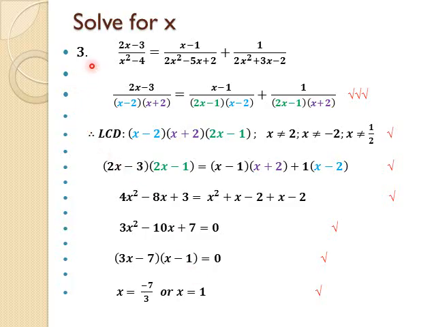Right, now in the third problem, this is a more complex variation of what we've done. Again, we have three fractions, but we have to factorize first. So 2x minus 3, x squared minus 4. Difference of two squares, so x times x, negative 2 times positive 2.